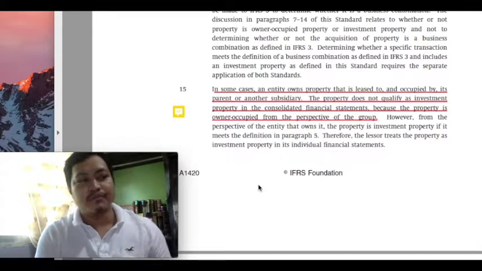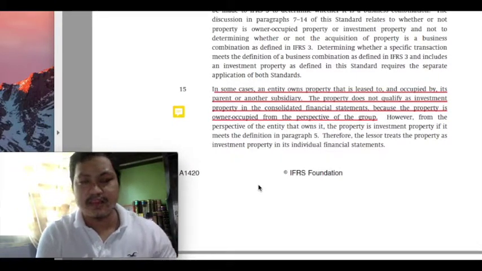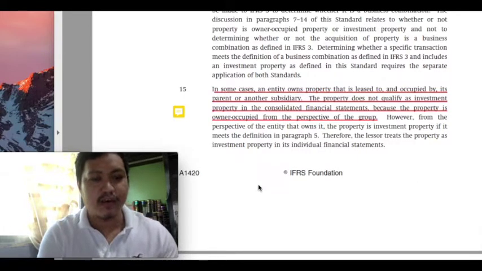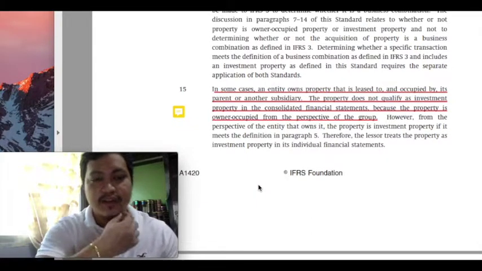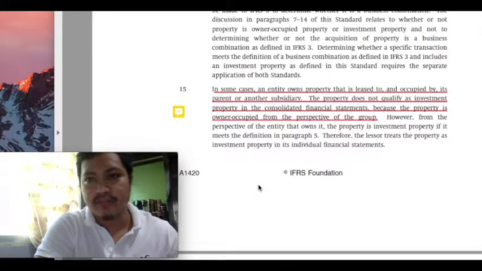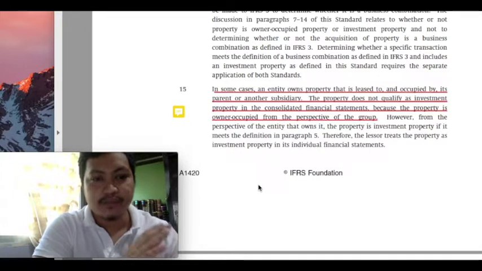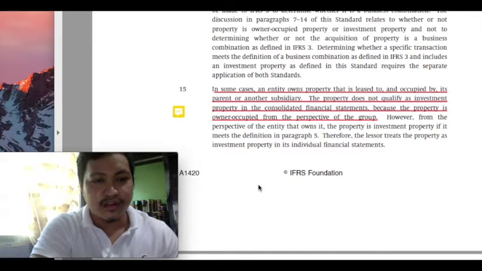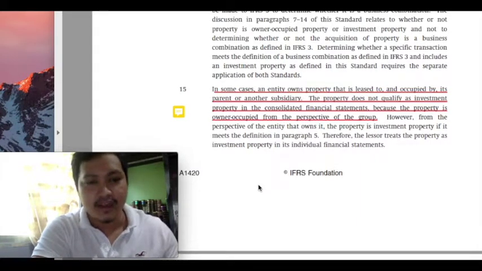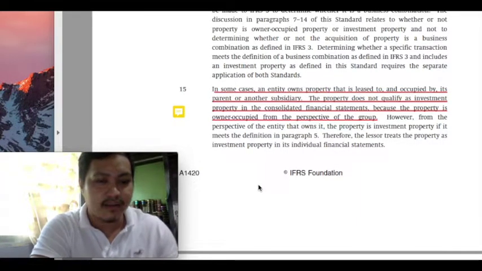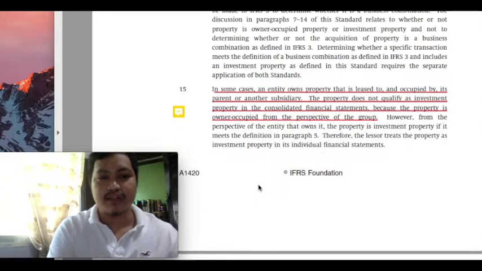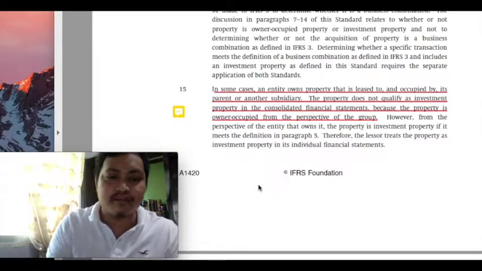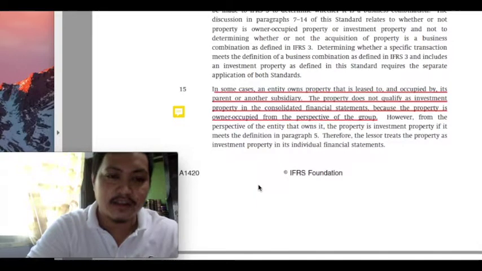As to their separate financial statements, no effect. Where then will there be a consequence? Only in the preparation of your consolidated financial statements. In the consolidated financial statements, you would see it from the perspective of the entity as a whole, not just from the perspective of company A. Even though company A is the parent, your consolidated financial statements would be prepared from the perspective of the consolidated entity.